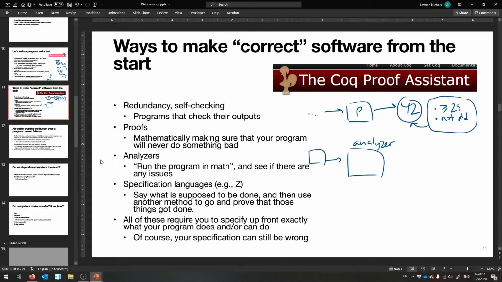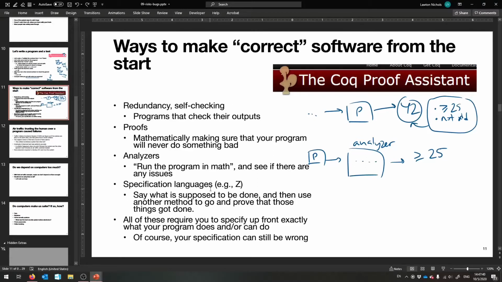So you give it that program P, and it thinks for a while and outputs like, oh, yeah, this program, it will always make sure that the output's greater than or equal to 25. Guaranteed. Okay, so there's some things that it can say about a program, but other things it has to be a bit vague about them. Okay, so that's what an analyzer is. It's a box that takes programs and tells you things about programs without actually running them.